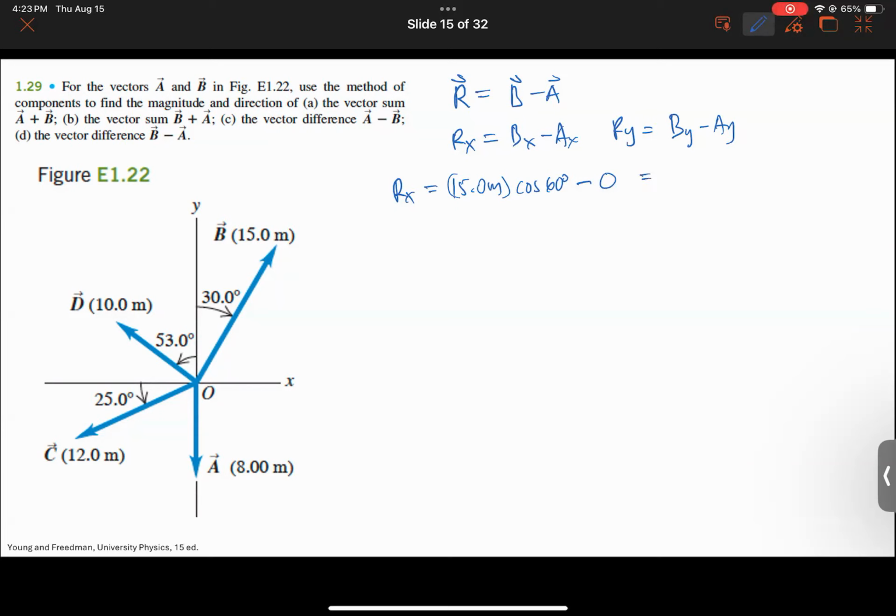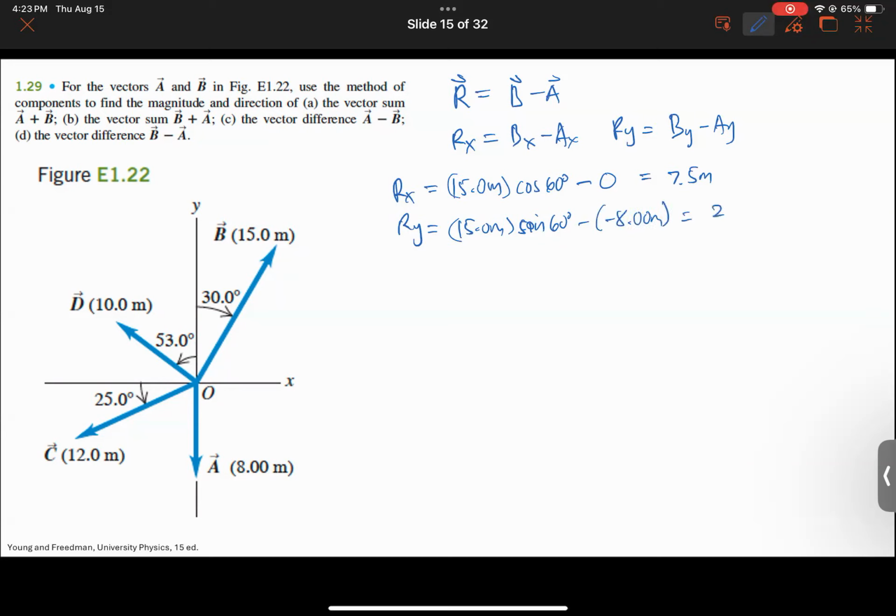So this gives us 7.5 meters. Now Ry is By, which is 15 meters times sine ng 60 degrees, minus Ay, so minus negative 8.0 meters.